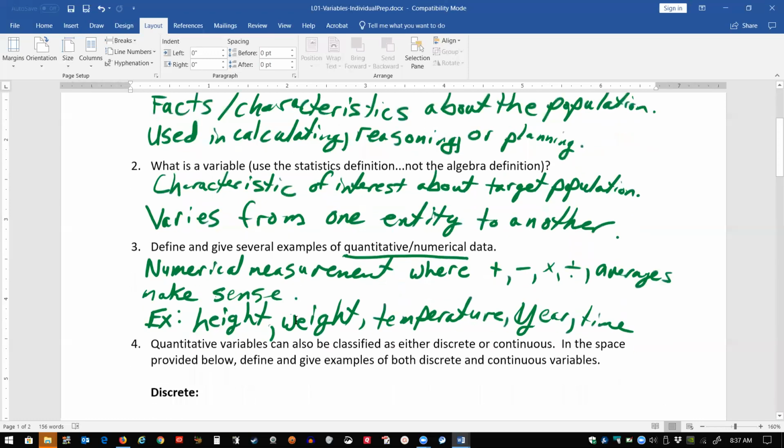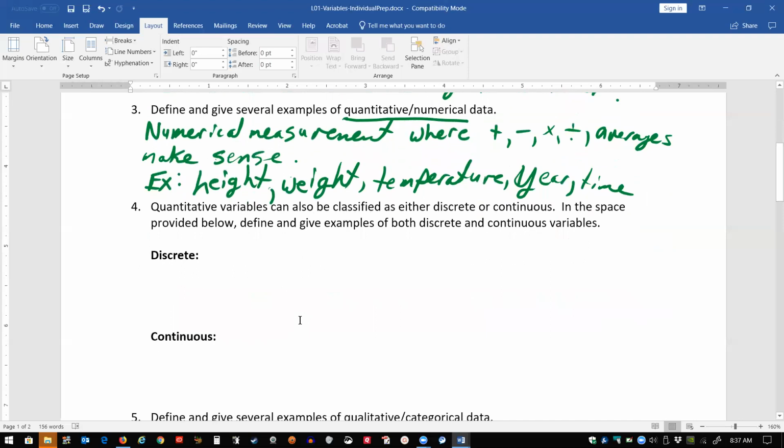So if you know that the variable is quantitative, and these only apply to quantitative data, there are two types. For quantitative variables, we could have a discrete variable or a continuous variable. Now these are terms that will come up later on in your math classes, possibly, but definitely in statistics, these are big.